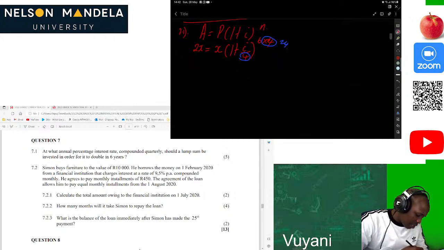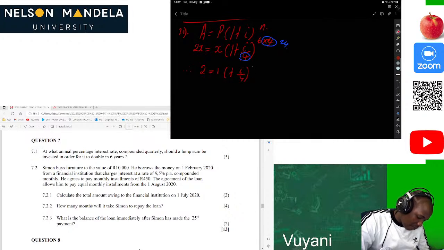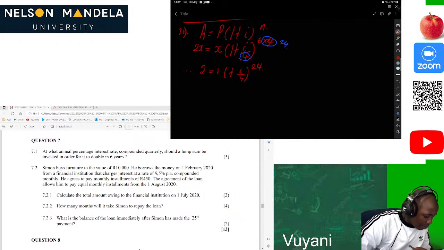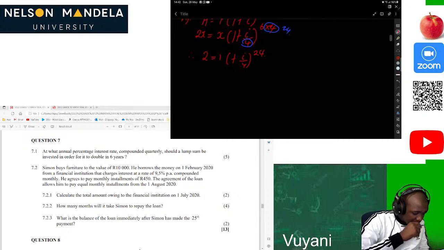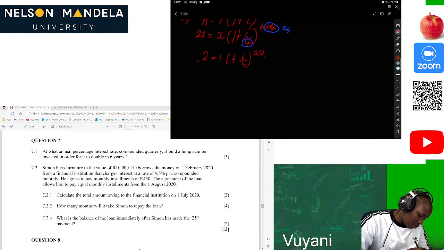Now, when we divide by x, we are left with 2 equal to 1 plus I over 4 to the power of 24. If we look at this, we can take the 24th root of both sides.